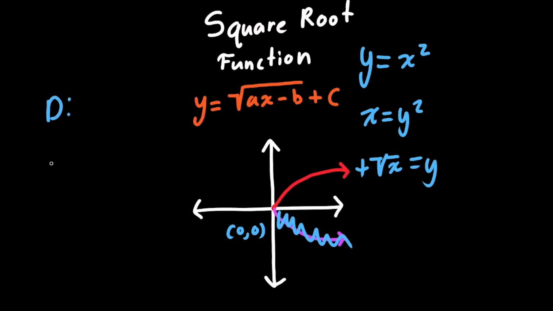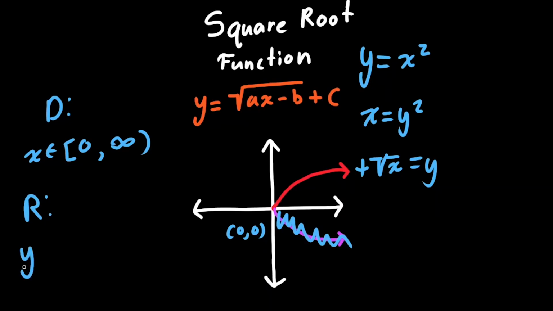The domain for the square root function, just going for the basic parent function, is x includes everything from 0, because it includes 0, to infinity. Pretty simple. And the range is fairly similar.